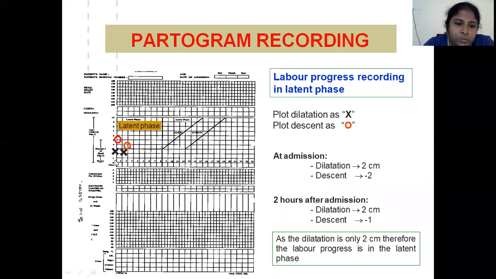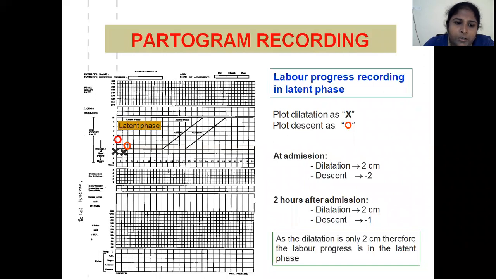If dilatation is 2 centimeters and descent is -2 station, that means it is 2 centimeters above the ischial spines, so descent is called -2. It is plotted here. 2 hours after admission, if the descent is -1, it is slightly decreased from -2 to -1, and dilatation is the same, only 2 centimeters.